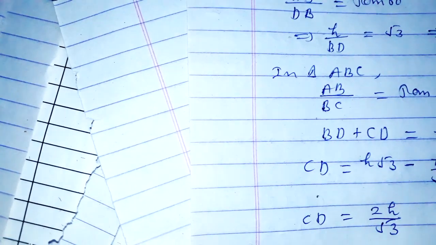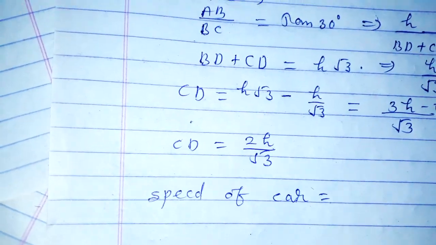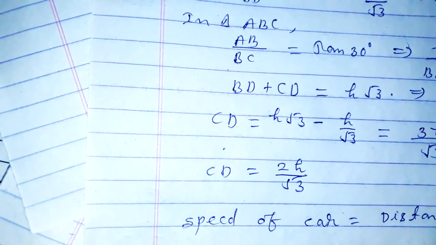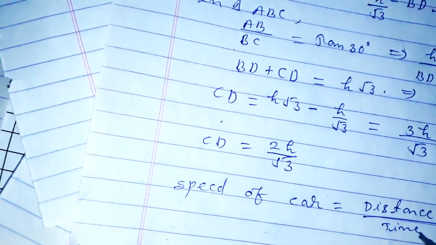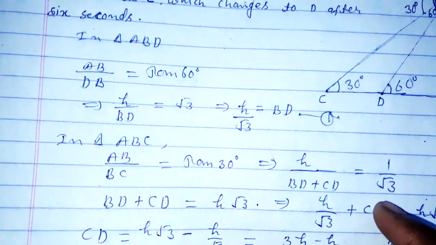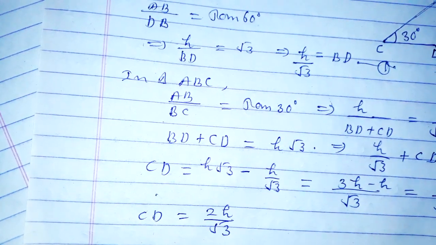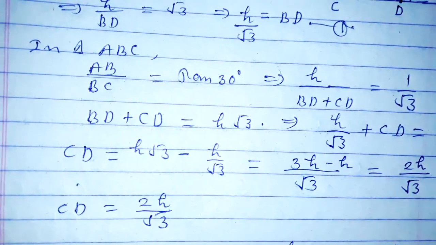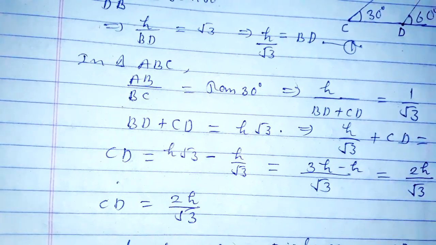Speed of the car is equal to distance upon time. The distance covered is CD, so CD upon time, which is 6. CD is 2H upon root 3, into 6.